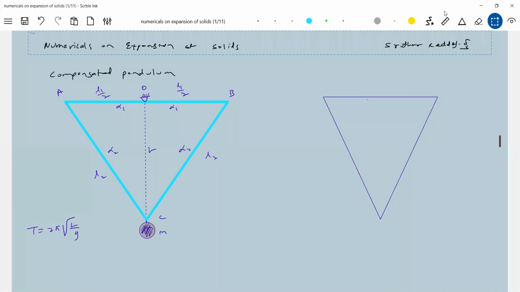Okay, have an idea of this. Now as it expands, due to thermal expansion, there'll be expansion like this. But what will happen to this length L? It should remain constant.